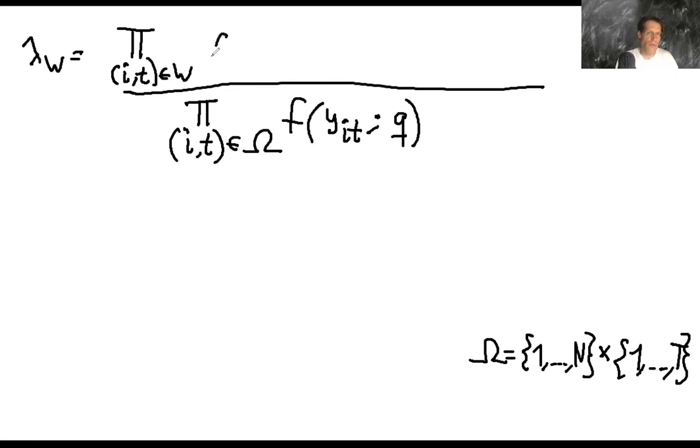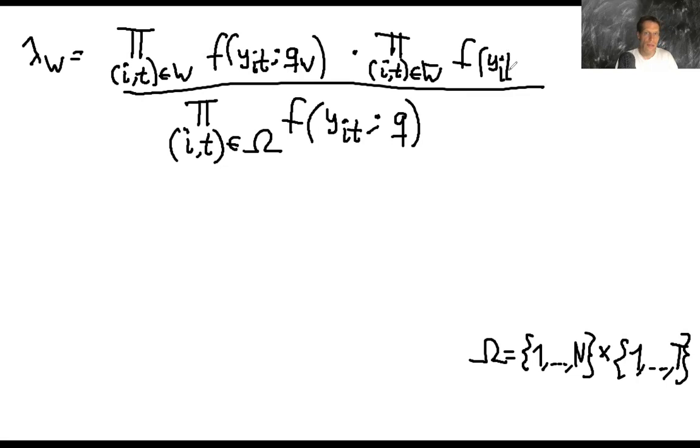We will have one distribution here, again the Poisson distribution, but with parameter q_W, and for those outside, so that means not in W, or equivalently in W-bar, we will have that it's f(y_it | q_W-bar), like this, right?